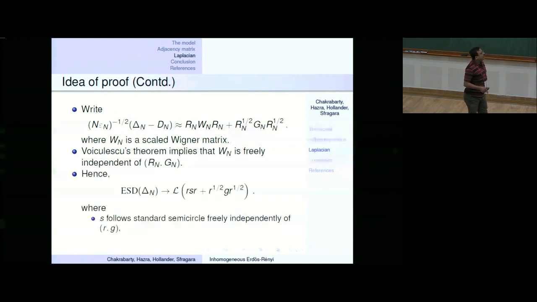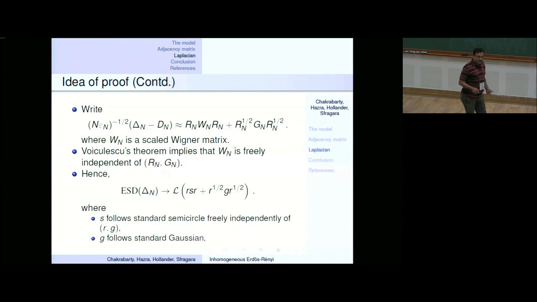And therefore, we immediately write that the empirical spectral distribution of the Laplacian converges to the law of R times S times R plus R to the half G R to the half, where S follows a semicircular distribution which is freely independent of the pair R and G.